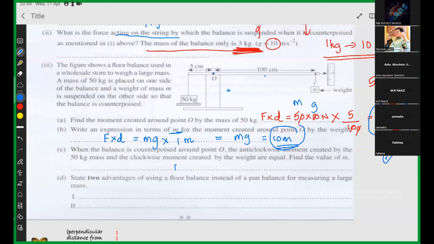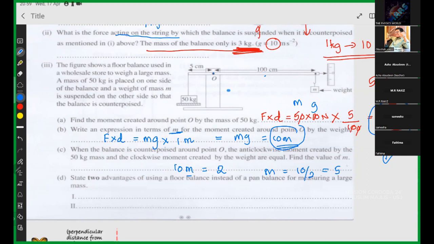Yes, they are in equilibrium. So 10 m equals 2 Newton meter. This is a unit. Don't confuse the mass and this Newton meter. So m is equal to 10 divided by 2, 5.